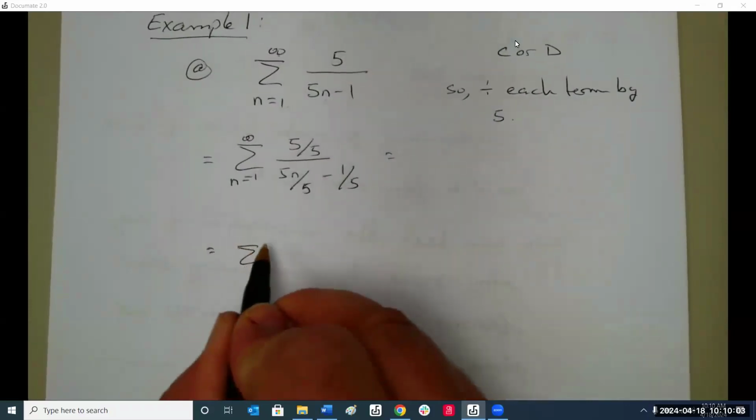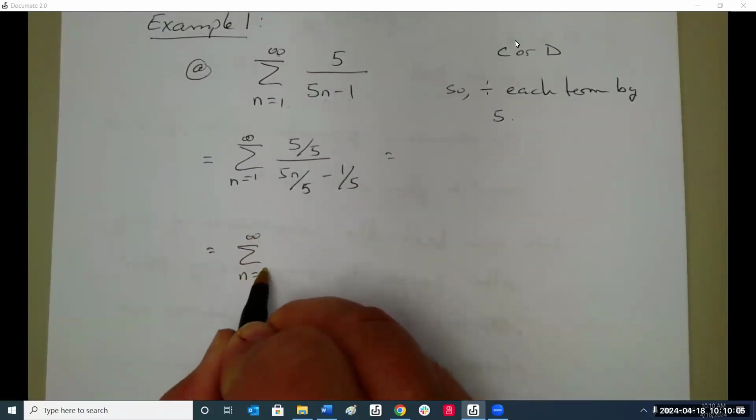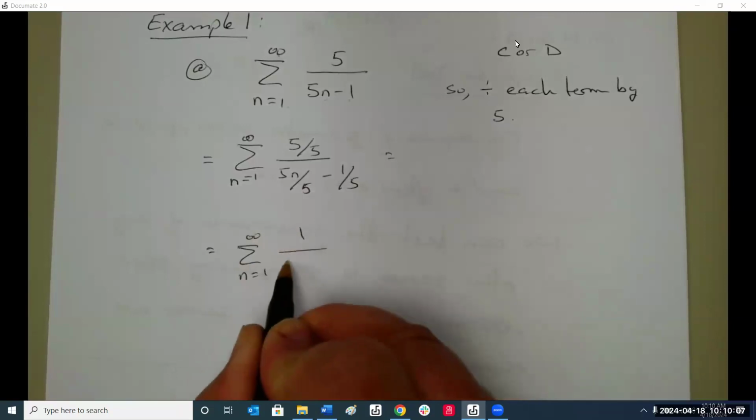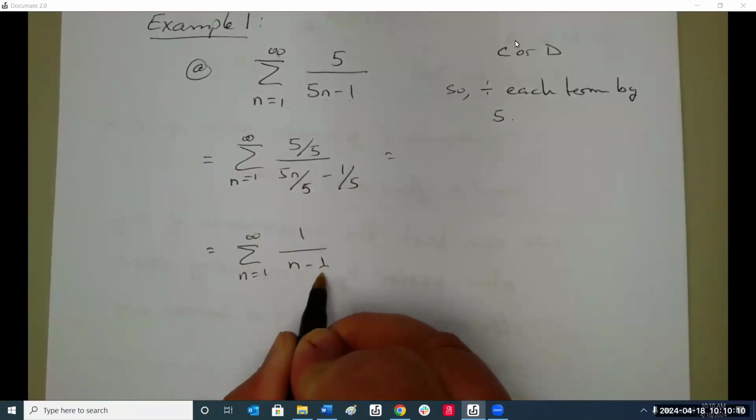This becomes the summation of 1 over n minus 1 over 5.